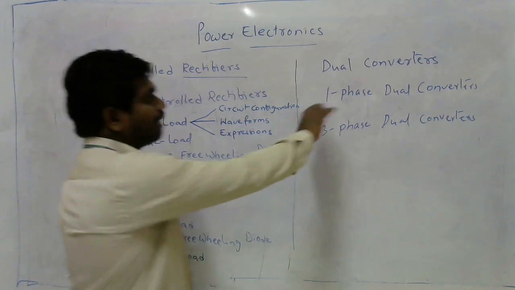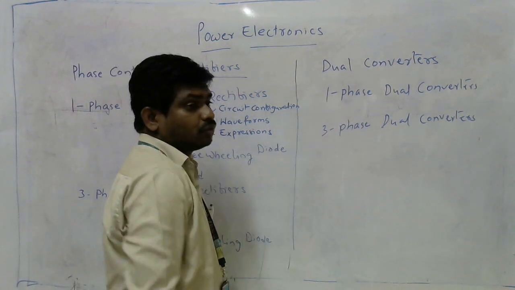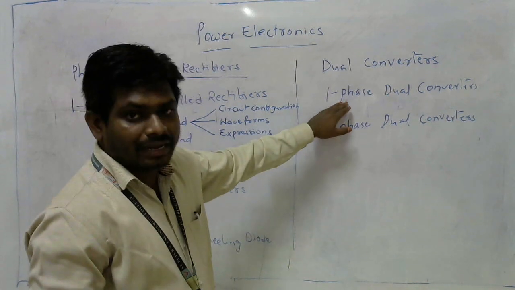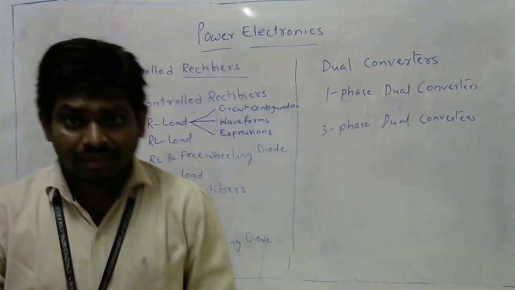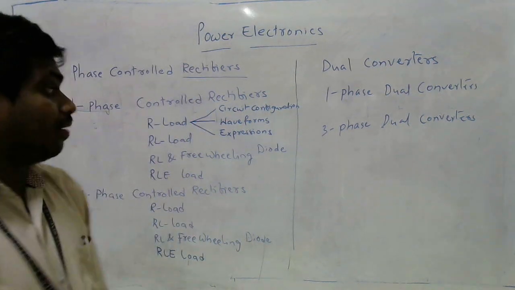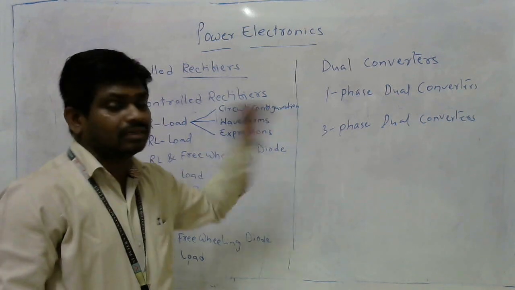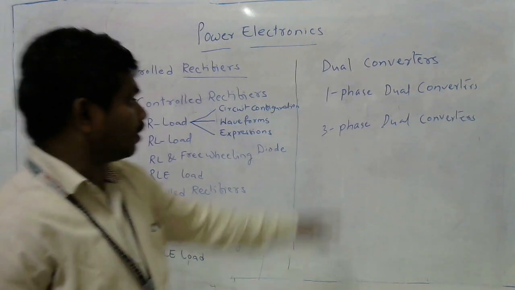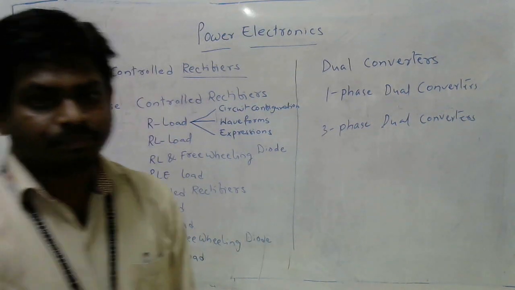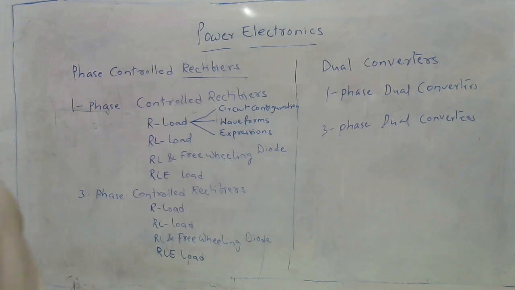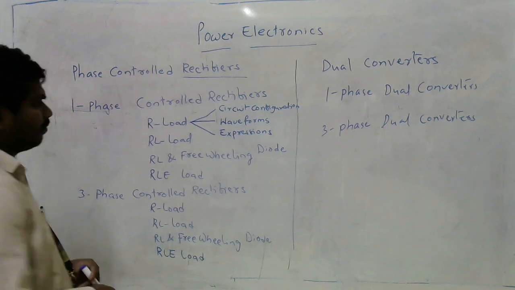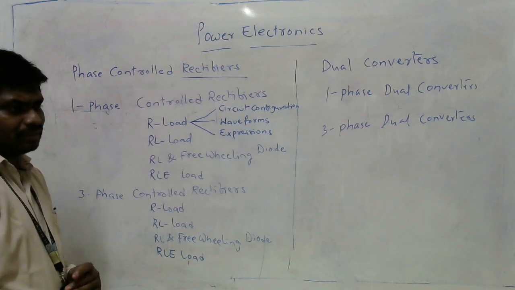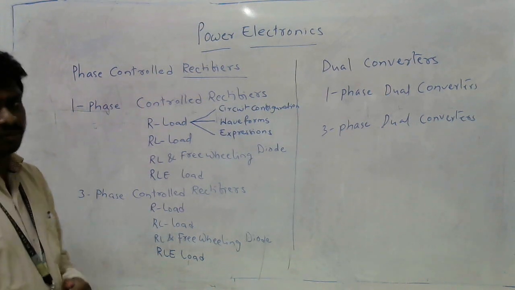The supply we provide decides the type of dual converter: if a single phase supply is applied, it is called a single phase dual converter, whereas when we use a three phase supply, we call it a three phase dual converter. Like that, this chapter handles rectifiers, with first quadrant operation, two quadrant operation, and, using dual converters, four quadrant operations.